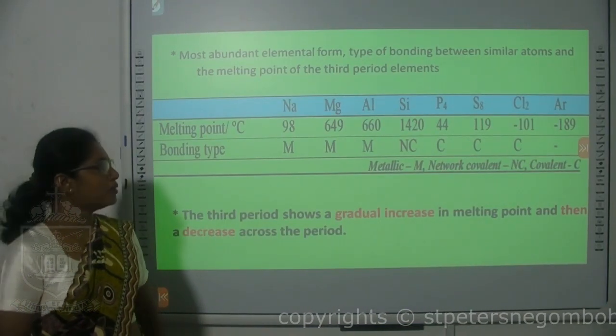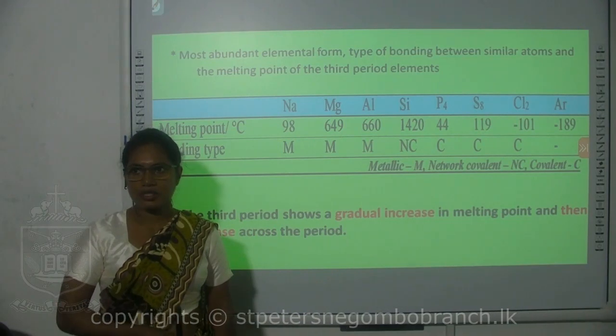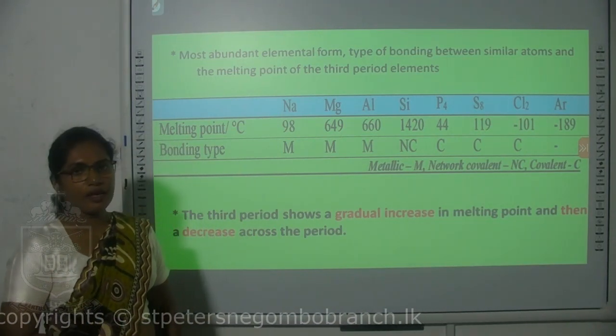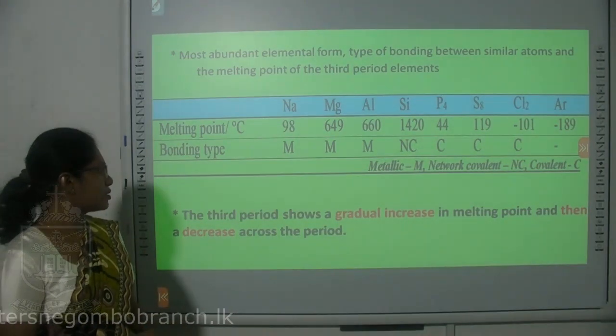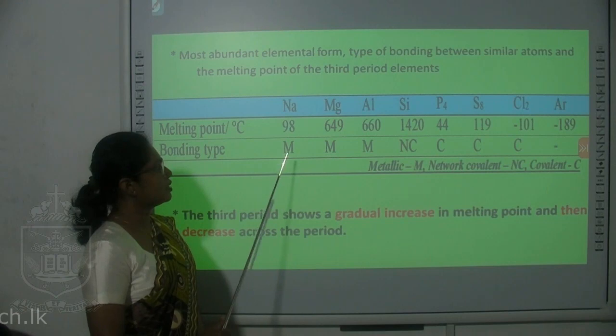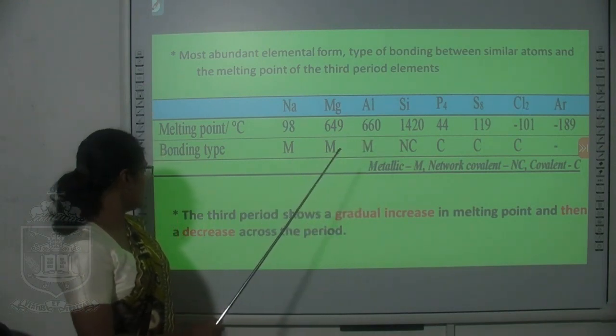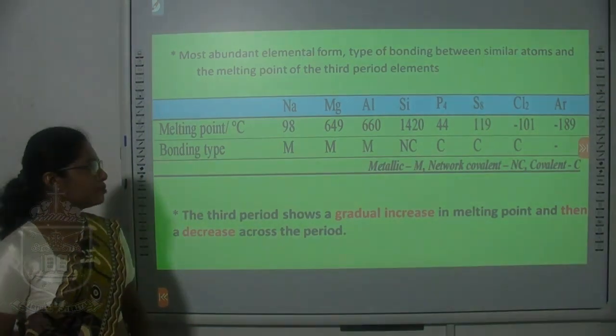As you know, normally network covalent compounds have higher melting points than the other elements. So the third period shows a gradual increase in melting point and then a decrease across the period.